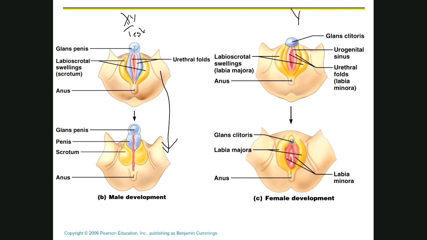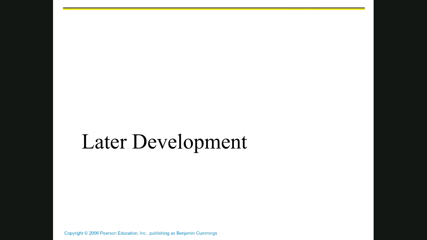Here we have XX, there's no Y. And we're going to have no testosterone. And without testosterone, this happens. Make sense? Any questions? Okay.